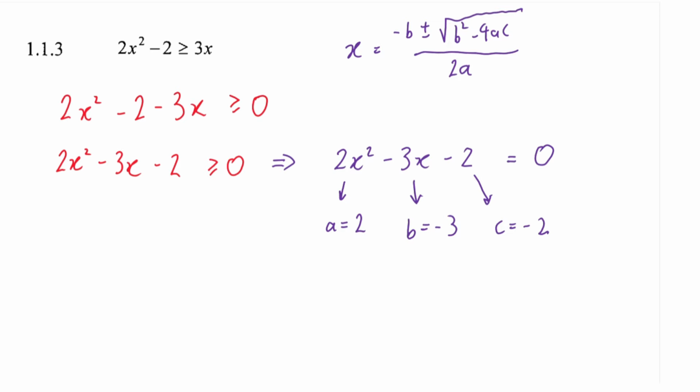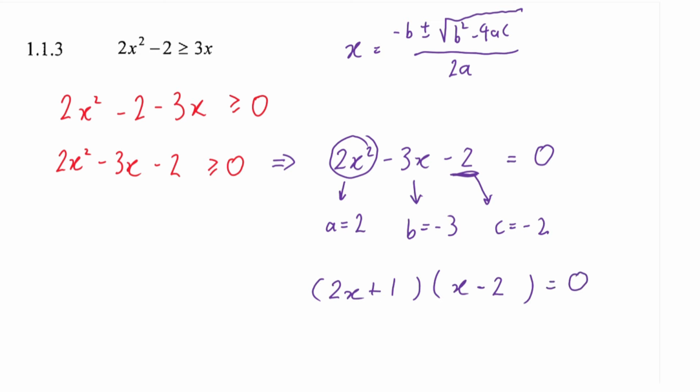However, in this case, I am going to solve it using factorization. Since this is 2x squared, in one of my brackets I'm going to have 2x and in the other I'm going to have x. The numbers need to multiply and give me minus 2. So I'm going to try minus 2 there and plus 1 here. And I see that this factorizes the equation.